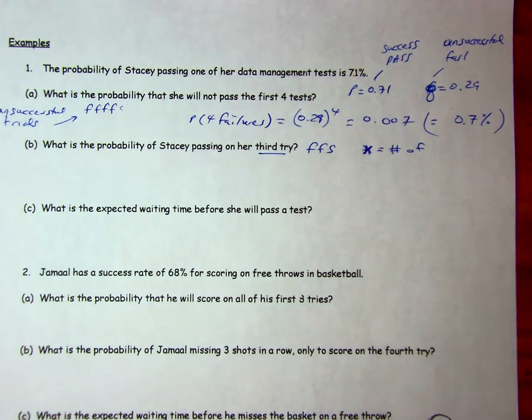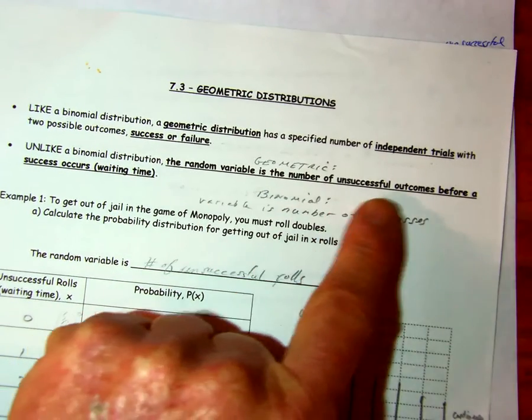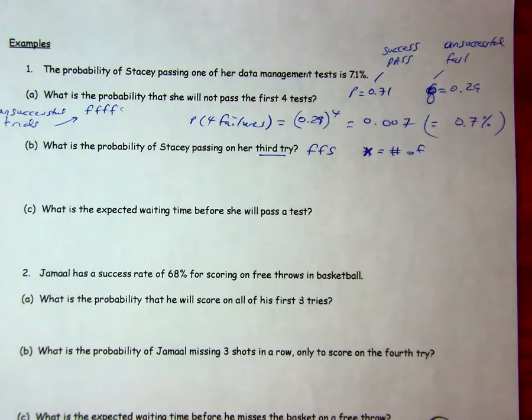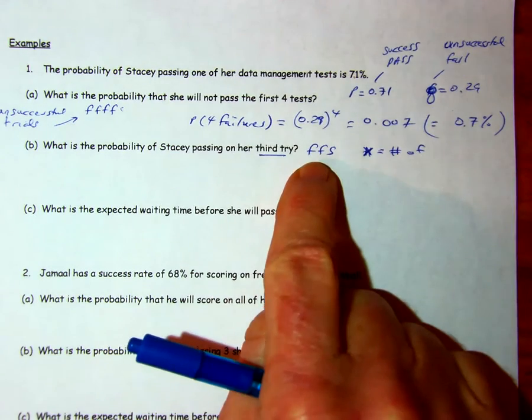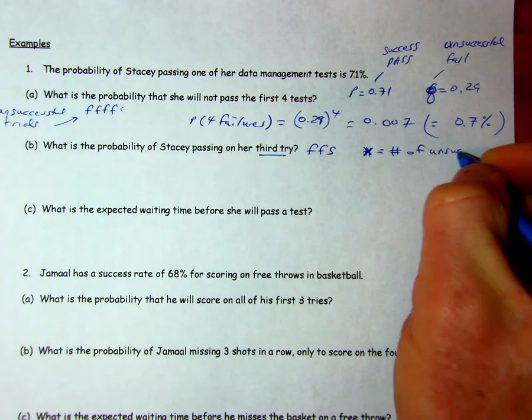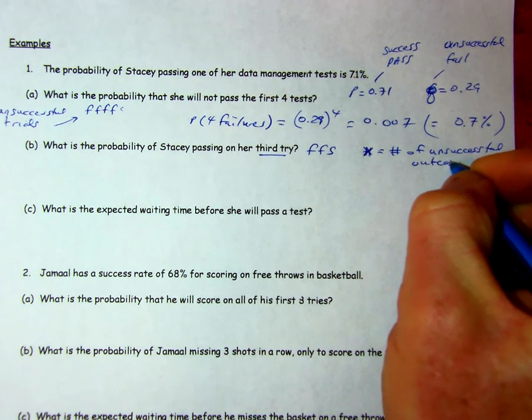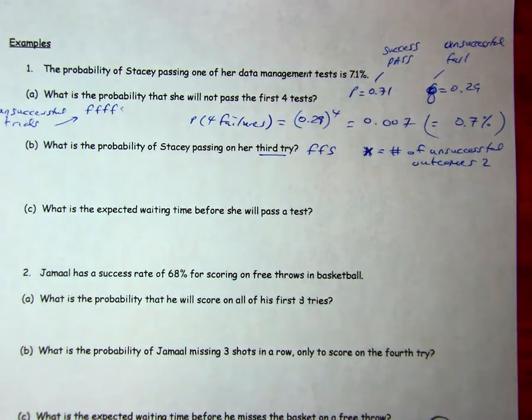If you look at our notes, it's the number of unsuccessful outcomes. So how many unsuccessful outcomes does she have here? X is 2. So just remember, if she gets successful on her 3rd try, that means X is 2. The number of non-successful trials is 2.